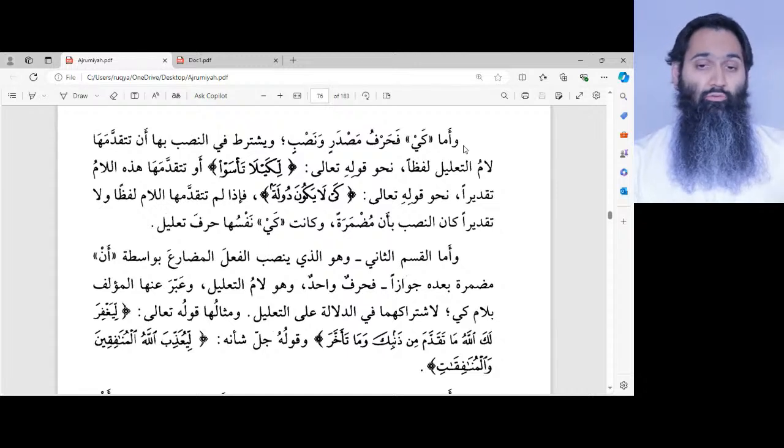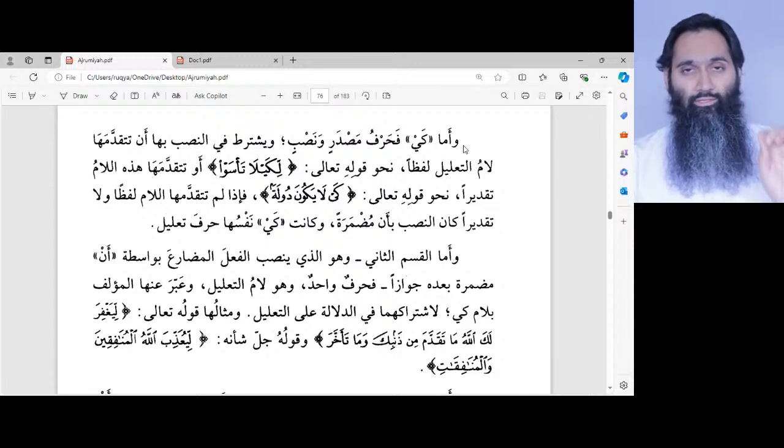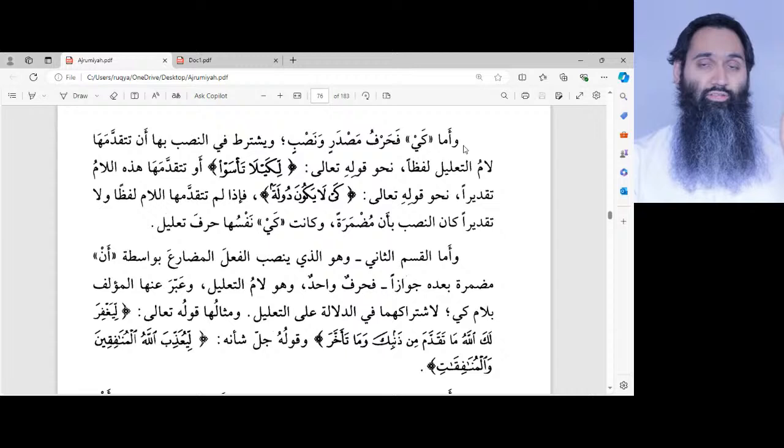But we mentioned وَيُشْتَرَطُ فِي النَّصْبِ بِهَا, that for k to make the fi'l mudari' after it mansoob, there is a condition that has to be met. What is this condition? وَيُشْتَرَطُ فِي النَّصْبِ بِهَا.